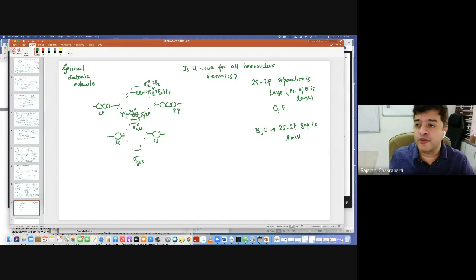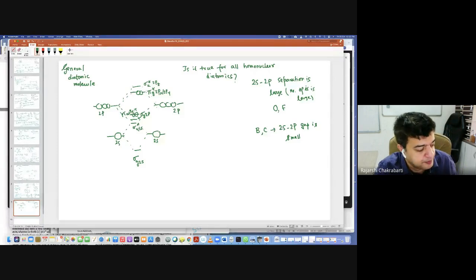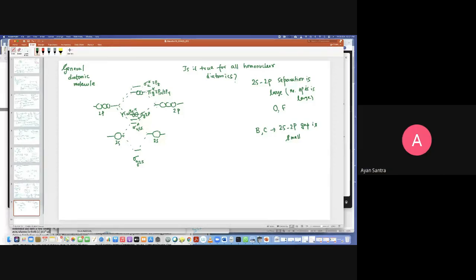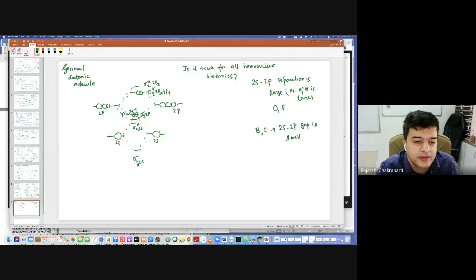We will start from here in the next class. What happens when you go to a system where the 2s 2p separation is small, like a small number of electrons, like boron, carbon, and this diagram will not hold there. You know what is going to happen? Anybody knows? The sigma 2s star will shift upward.